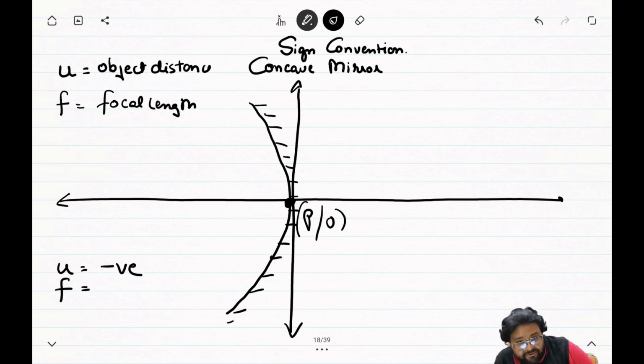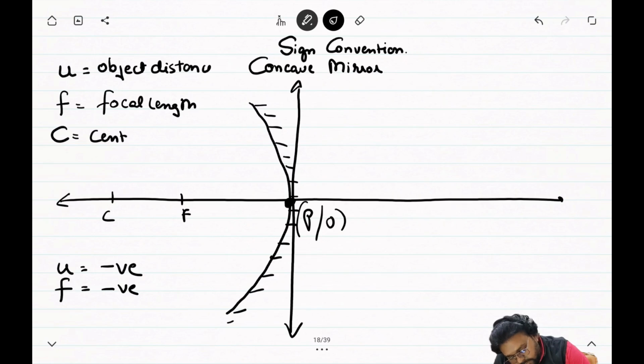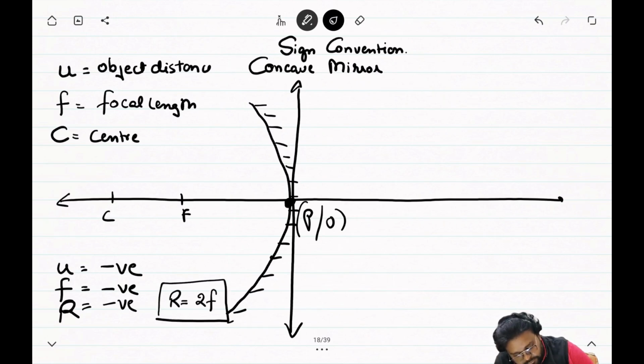F of a concave mirror, again f is here, C is here, so f is again on the negative x-axis, that means negative. C, the center of curvature, is also negative. C basically gives us the radius of curvature, so R is negative, and the radius of curvature is nothing but twice the focal length, or we can say that focal length is R by 2. So we have u, we have f, we have R.